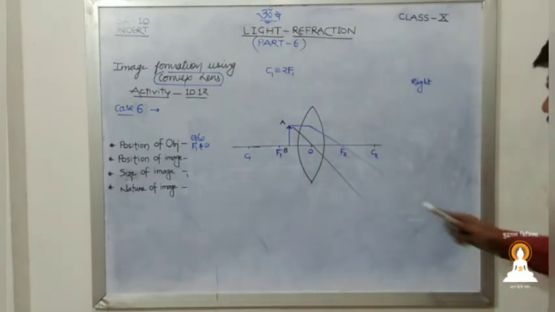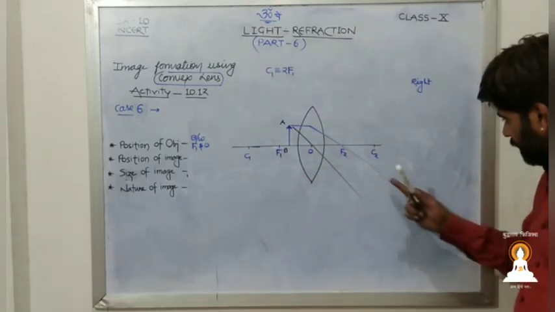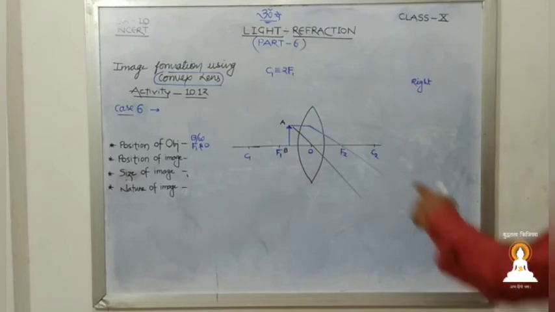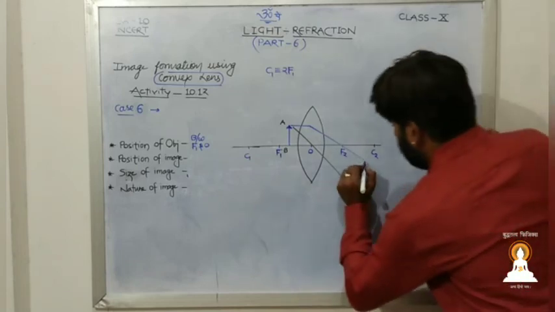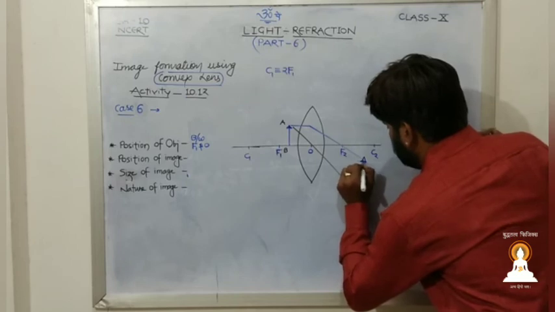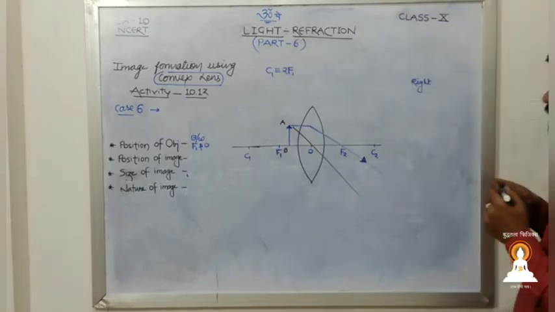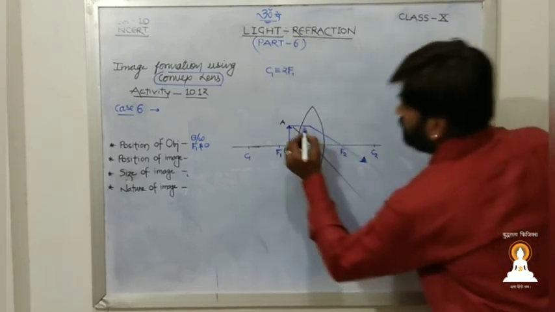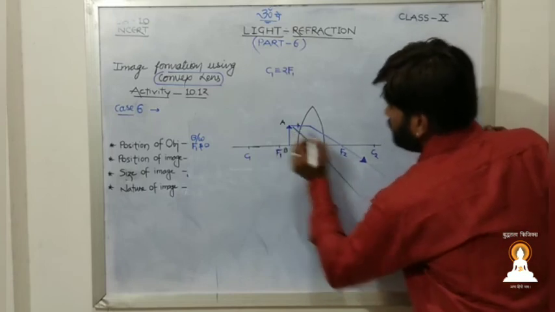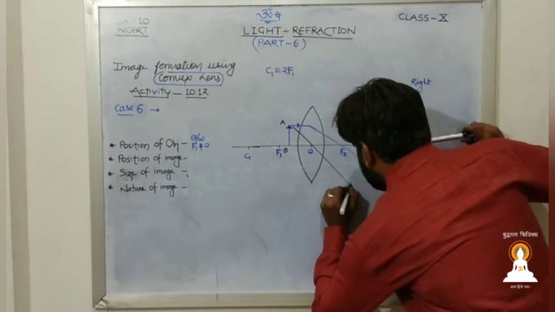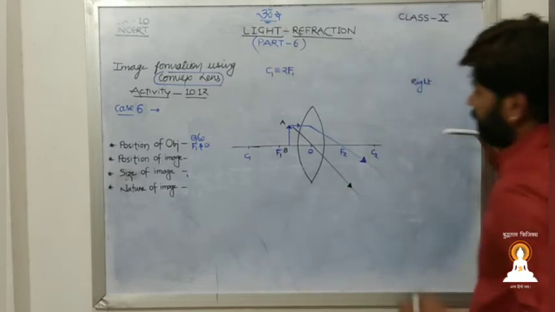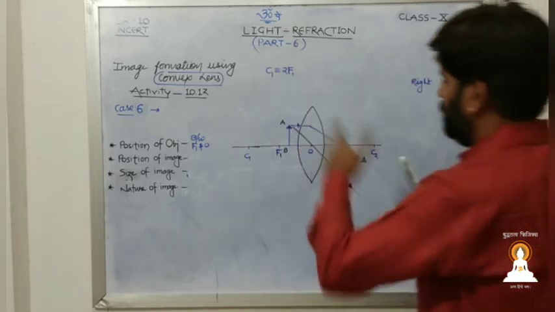This time they are not going to meet anywhere. This will move to this side and this will move to this side. But if we talk about the real, then the virtual will always exist. So this time we are going to extend these rays at the back.